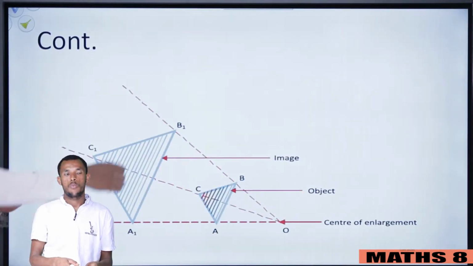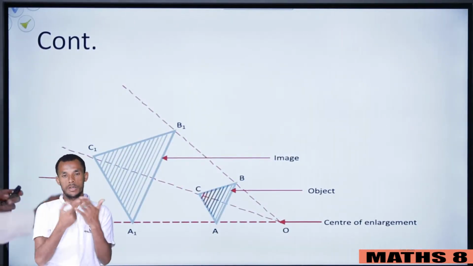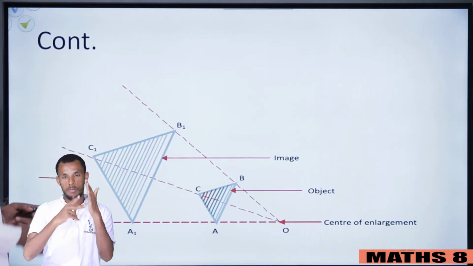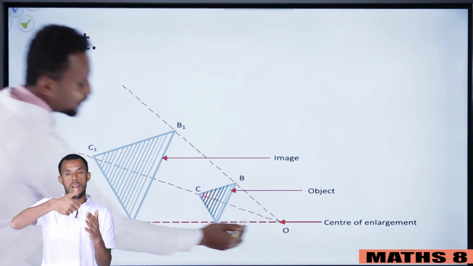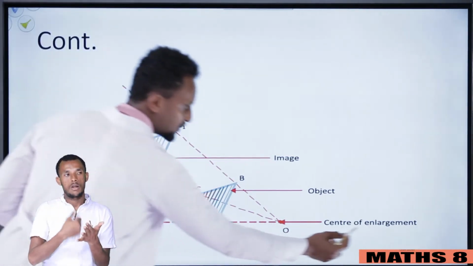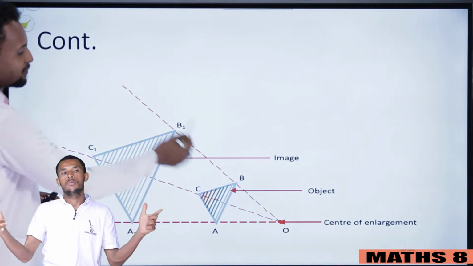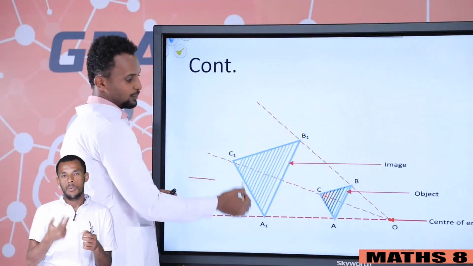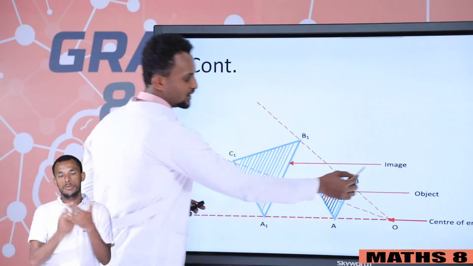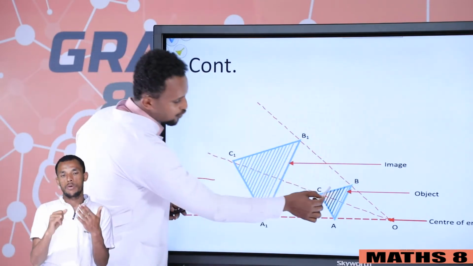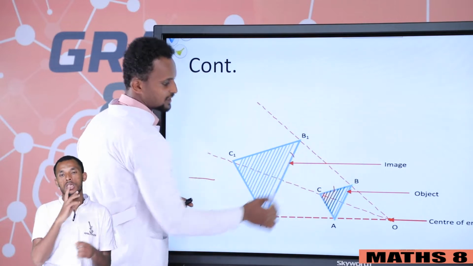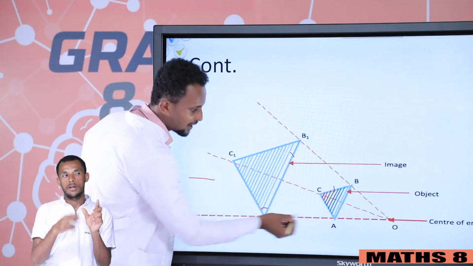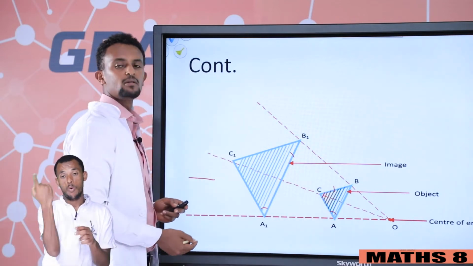So, let's see this figure. This one is the object figure, which means the original figure. This is the center, and that is called central enlargement. Then the image figure, after enlarging, is this biggest image. Therefore, lines are always parallel. And the angle that is made here and here is always the same.